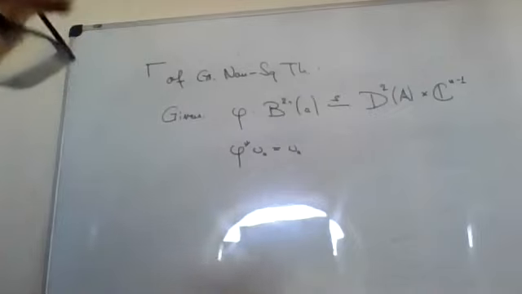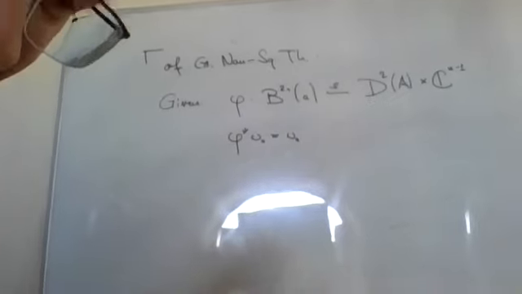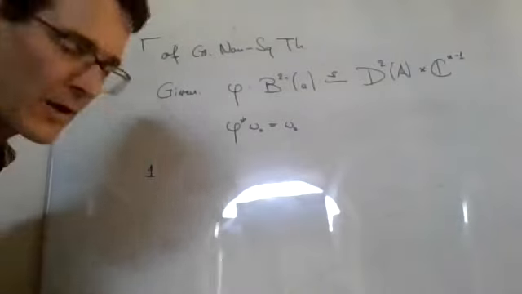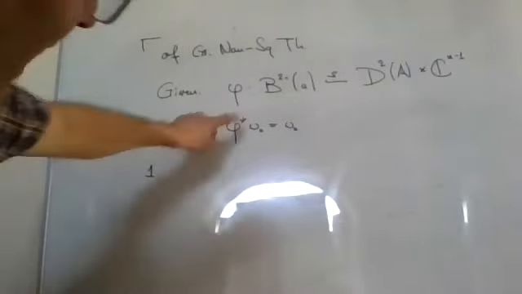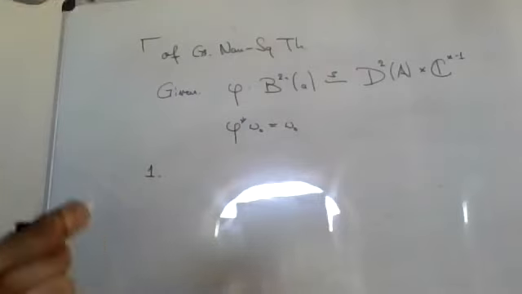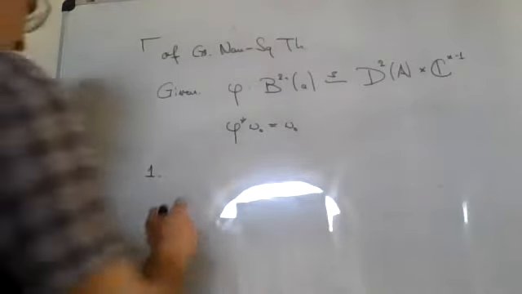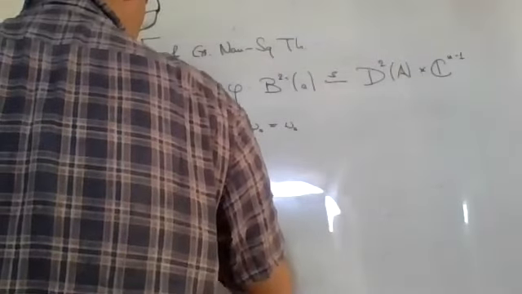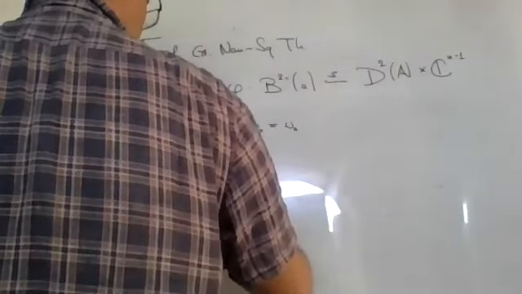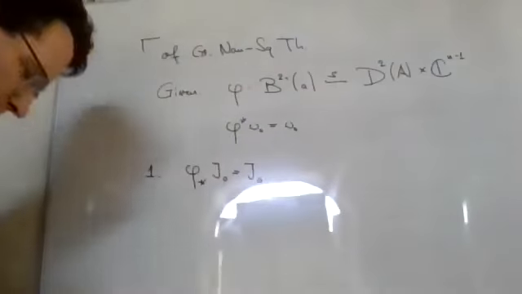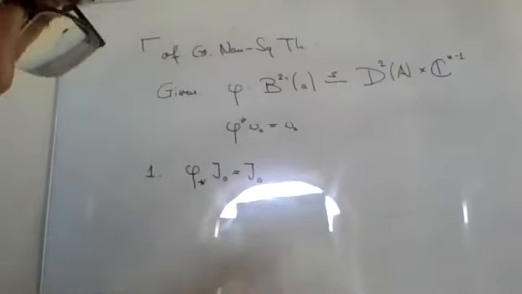So now I first assume something in addition, namely, I also assume that phi does not only preserve omega 0, but also J. Just in order to motivate my proof.